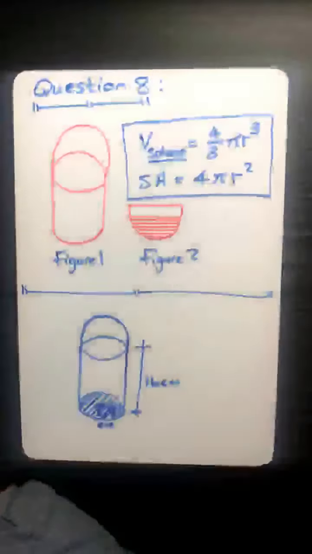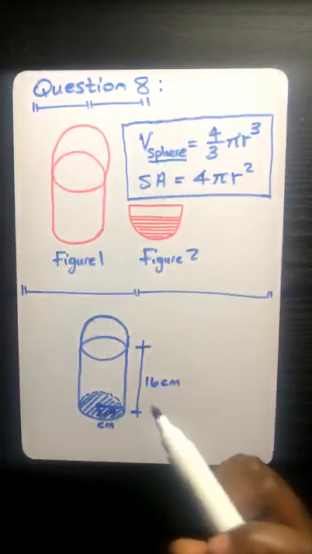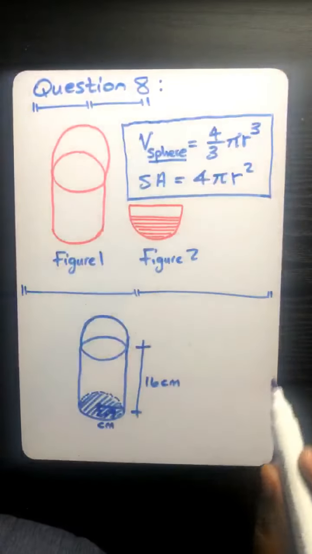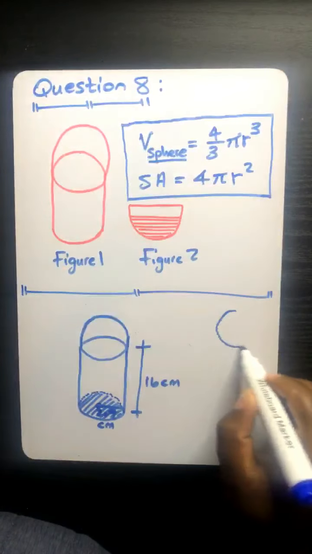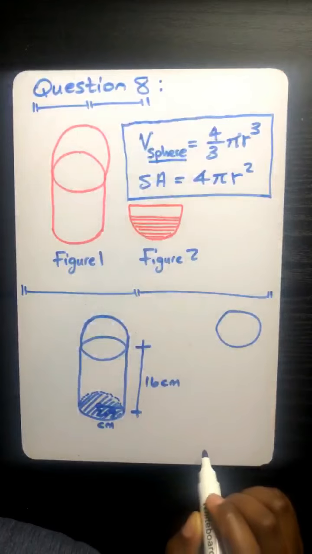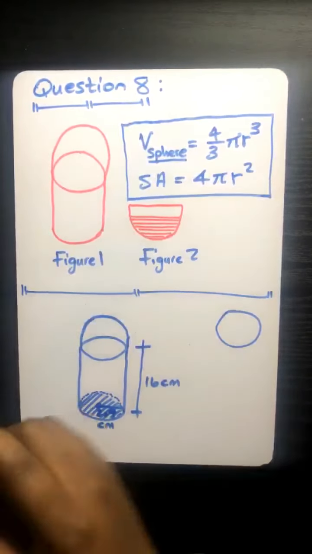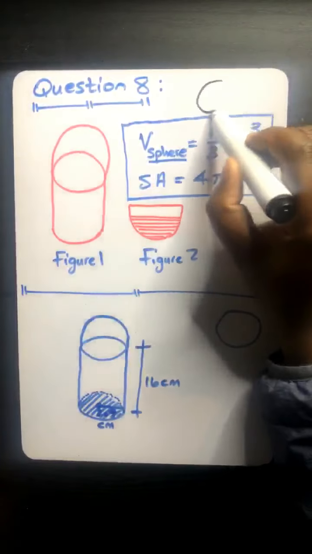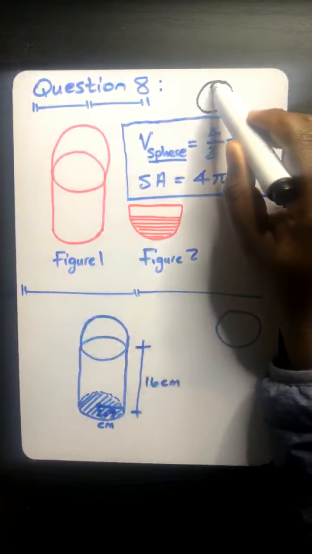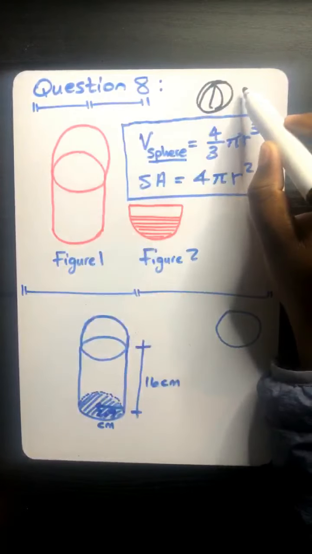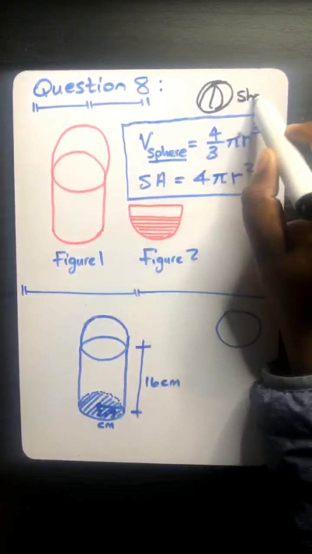So we are given the information regarding the sphere. What is a sphere? A sphere is a tennis ball, it's a globe. You need to be very careful of that, ladies and gentlemen. Let me say we are given the information regarding a globe. This is a sphere.